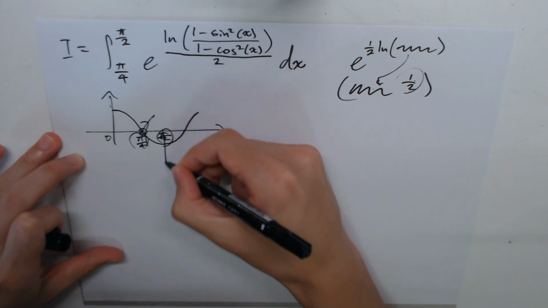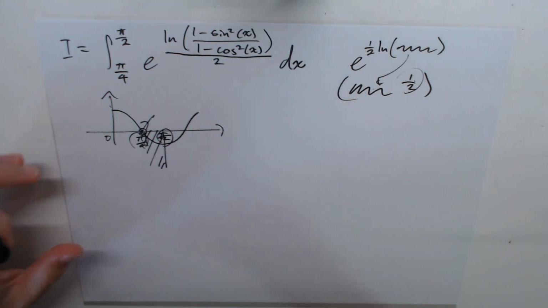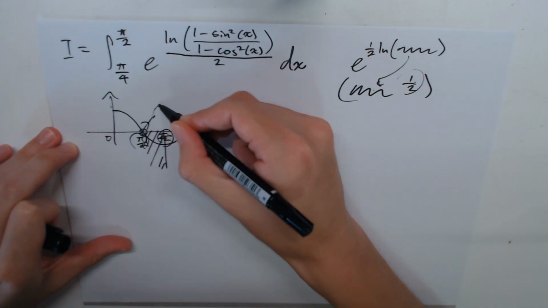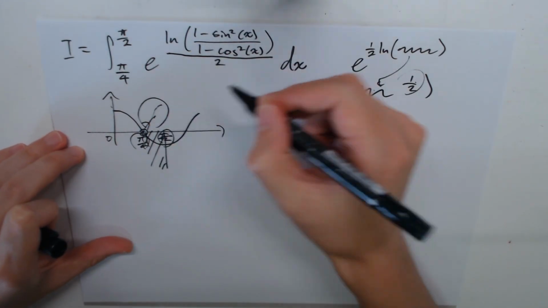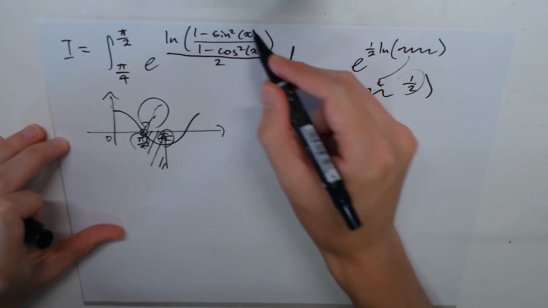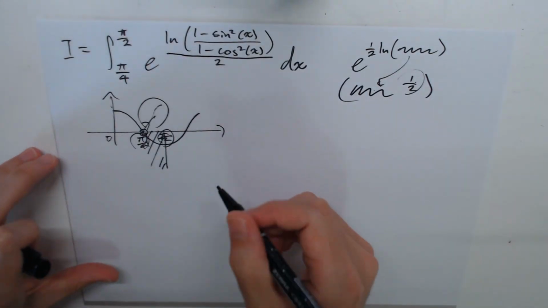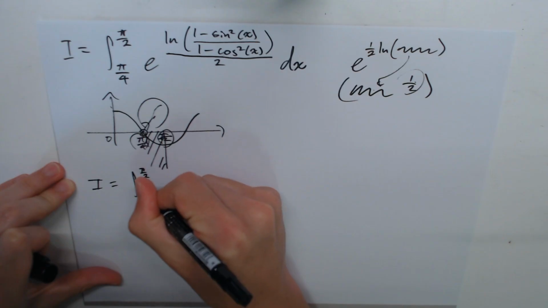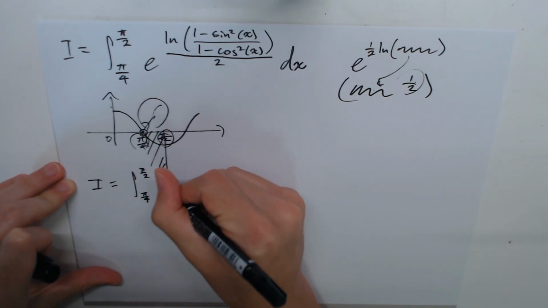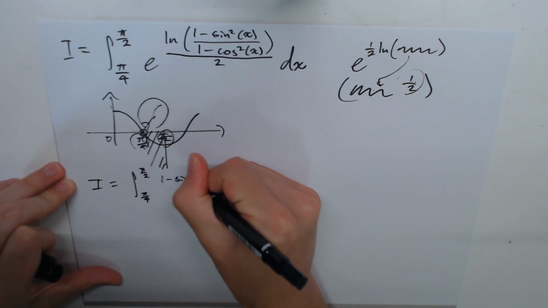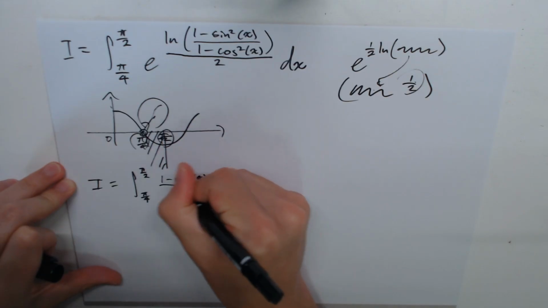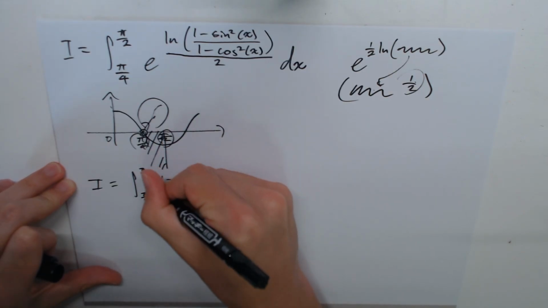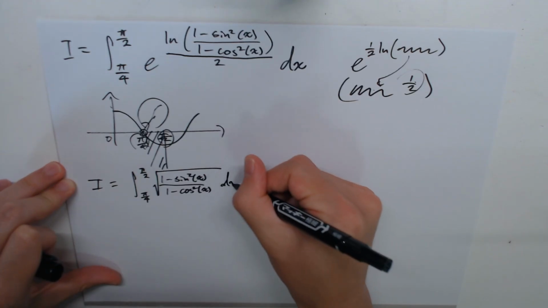We're looking at this interval, it's not 0, and we're taking the cosine squared, so this is actually going to be somewhere up here, which is positive, so that's fine. So we'd say the integral from pi over 4 to pi over 2 of the root of 1 minus sine squared x over 1 minus cosine squared x.